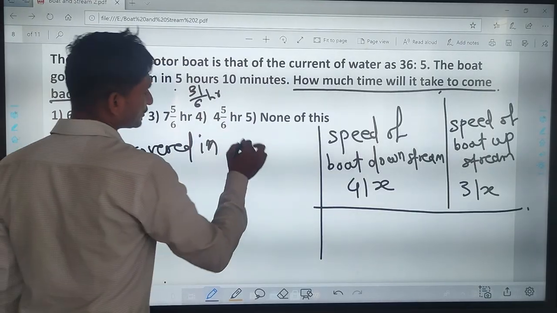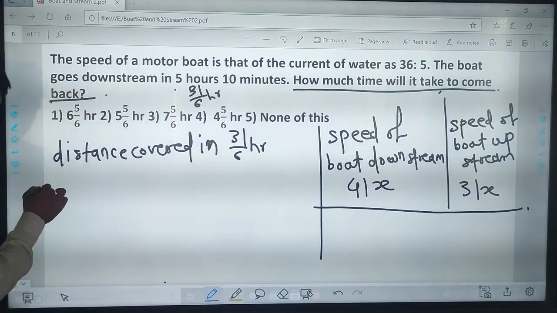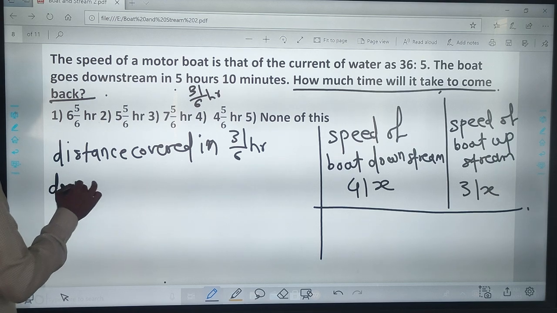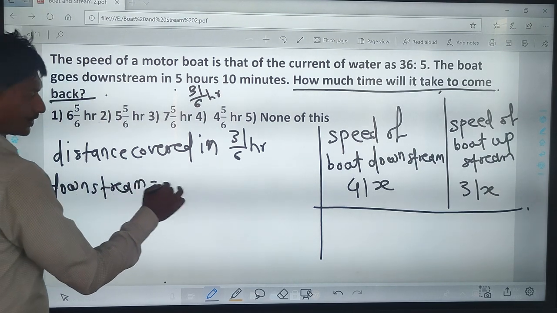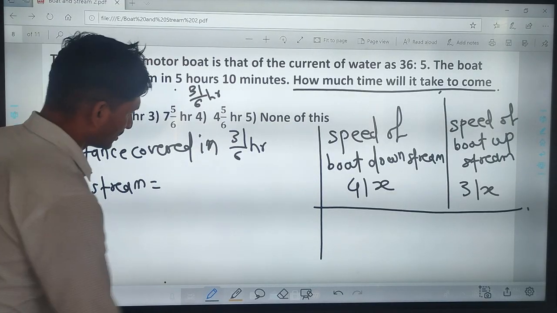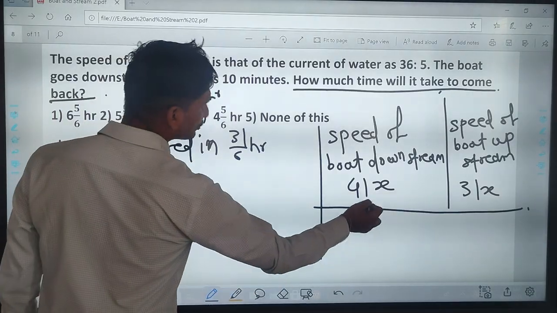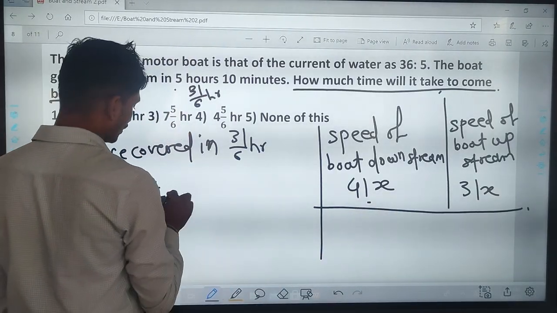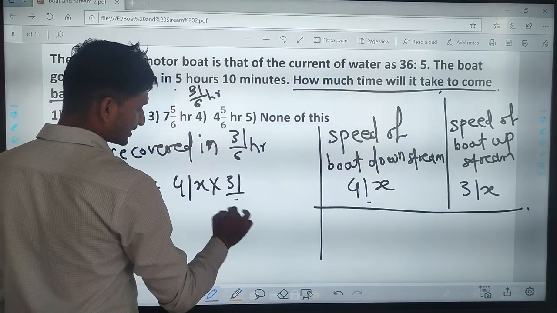Distance is equal to speed into time. Your downstream speed is 41x and your time is 31 divided by 6.